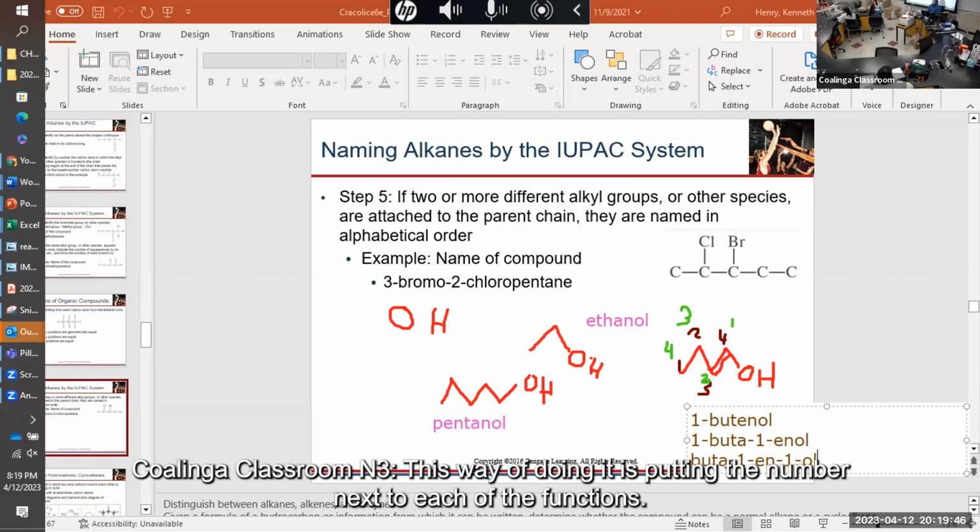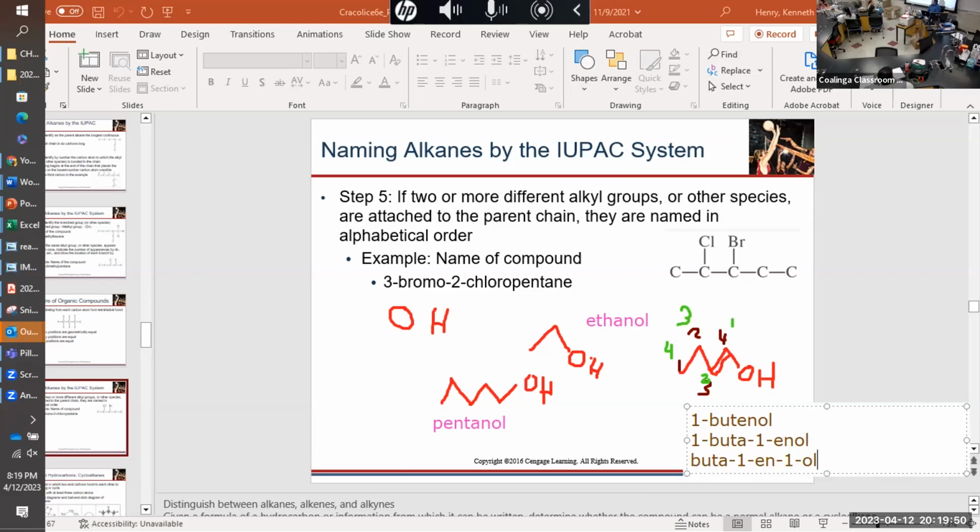The easiest way of doing it is putting the number next to each of the functional groups. Okay. Got it?